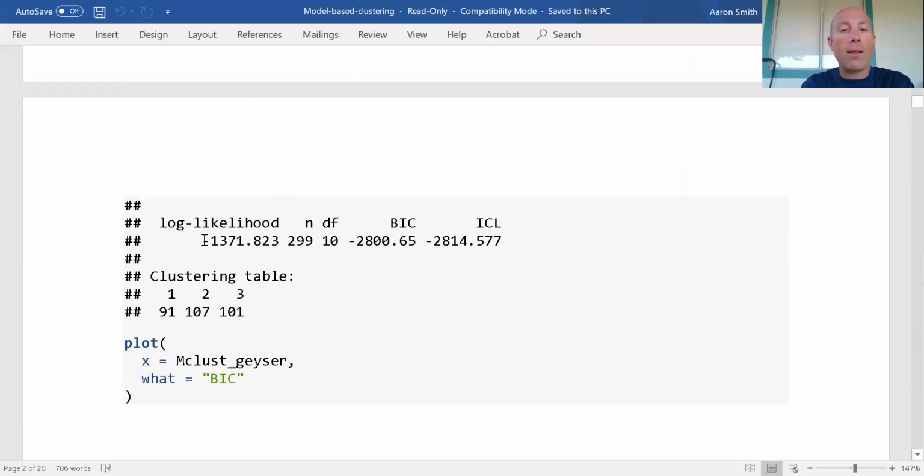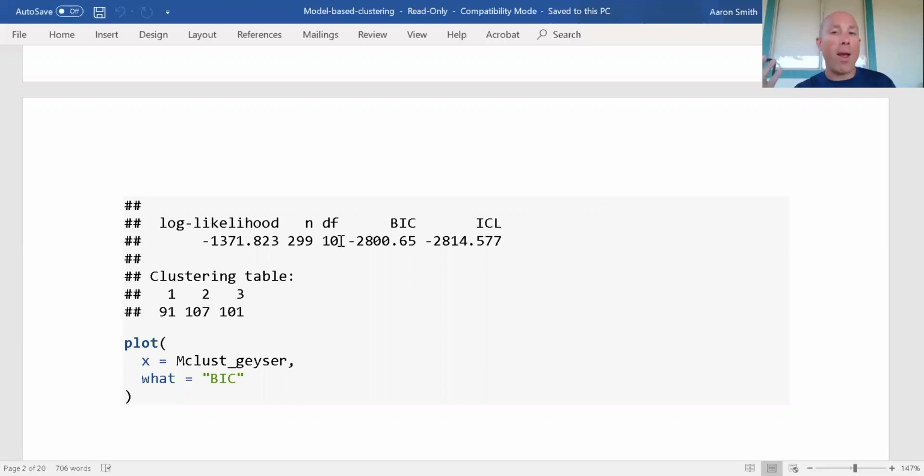So here's our log likelihood estimate, number of data points, and our degrees of freedom. Remember that when I do these calculations, I'm making assumptions along the way. The more specific the assumptions are, the fewer parameters I have to estimate. When we do this BIC, we're trying to find the sweet spot between number of parameters and best fit.